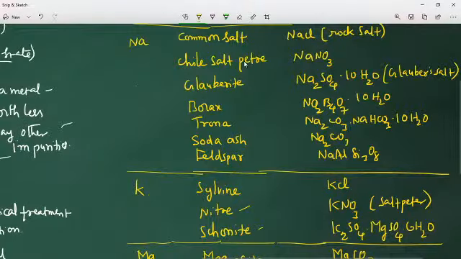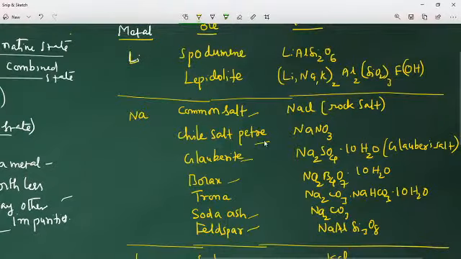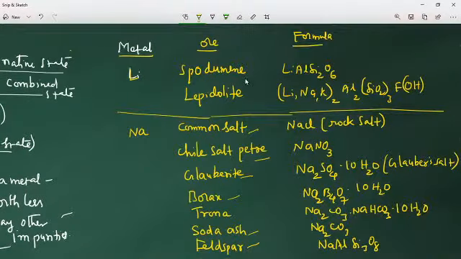In sodium we have common salt, chile saltpeter, Glauber's salt, borax, soda ash, feldspar. These are important. In lithium we have spodumene and lepidolite. Both are important.